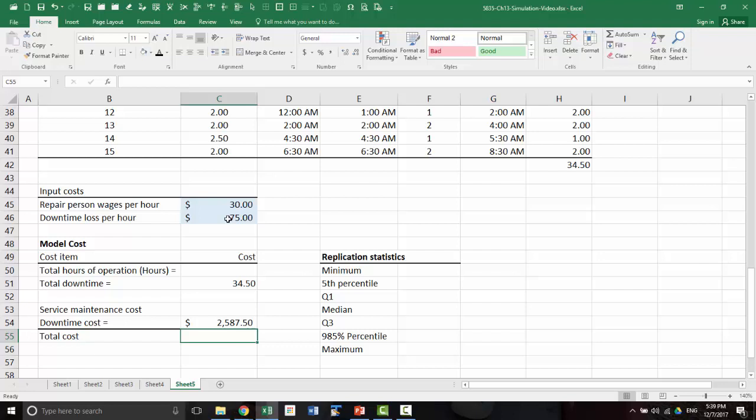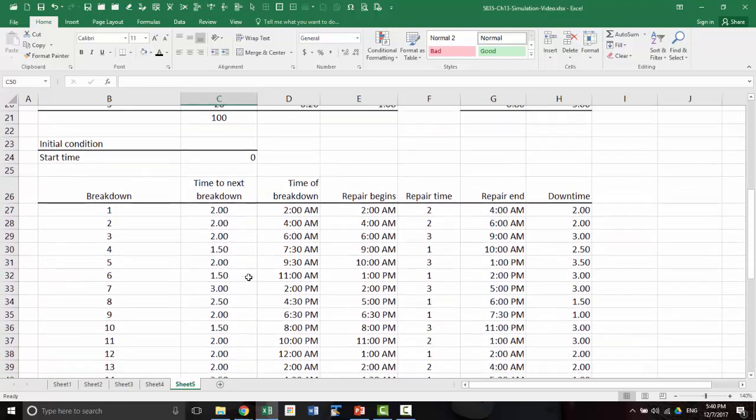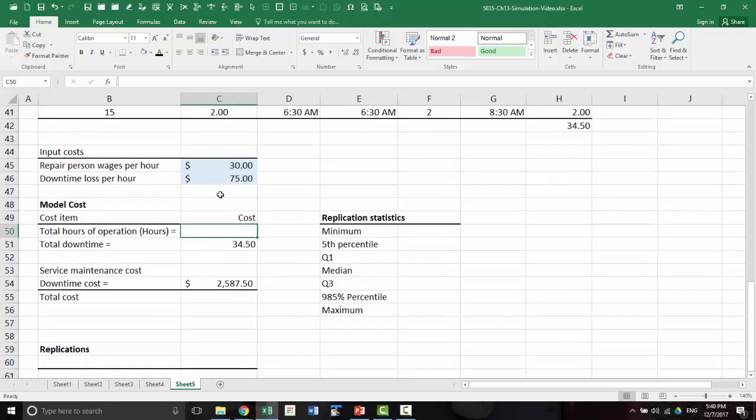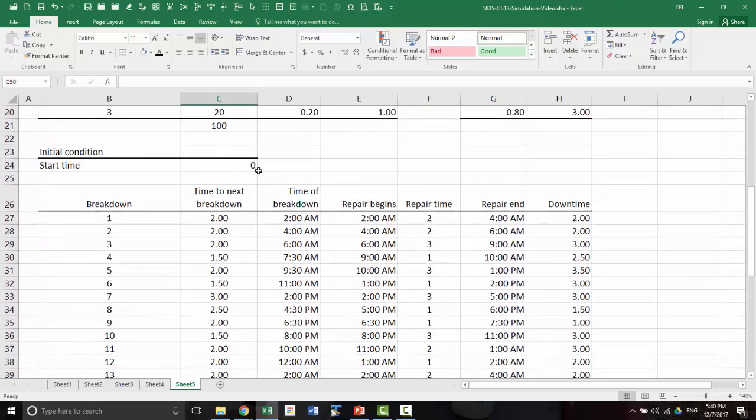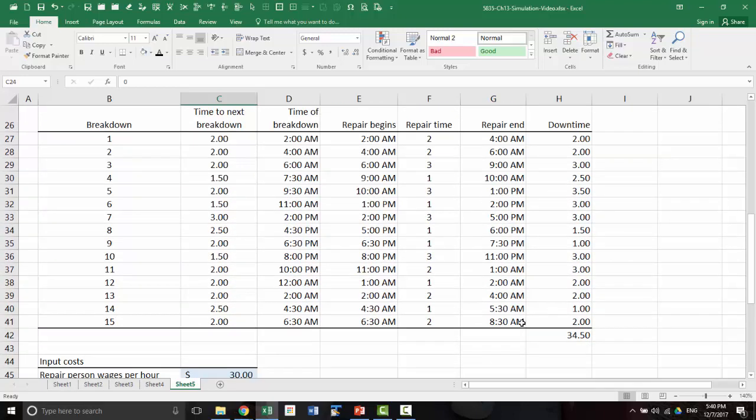Okay. Now total hours of operation is, okay, how many hours did we operate? The workers are paid $30 an hour across the board, 24 hours a day, right? So we started at time zero, and when did the 15th breakdown repair end?